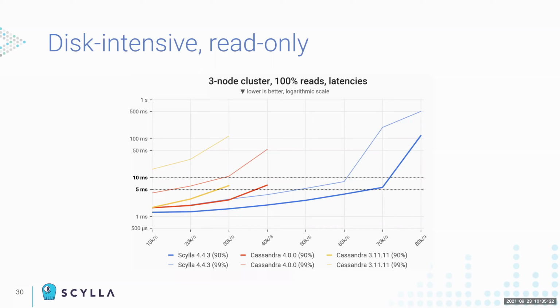If you require P99 latency to be under 5 milliseconds, then Scylla can handle 40,000 operations per second with this requirement, while Cassandra can only handle about 10,000 operations. So there is a 4 times difference there, not the 2 times difference.